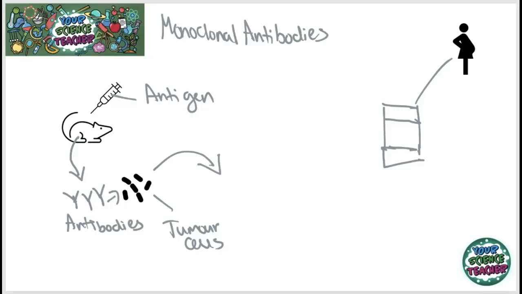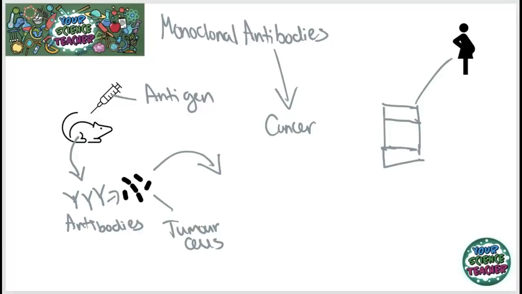Now, monoclonal antibodies are thought to have incredibly useful future uses because of the fact that they can do this and attack these antigens. It's been thought that maybe they could be used to treat some cancers because they can attack cancer cells, making them easier to detect or stop those cancers from growing.